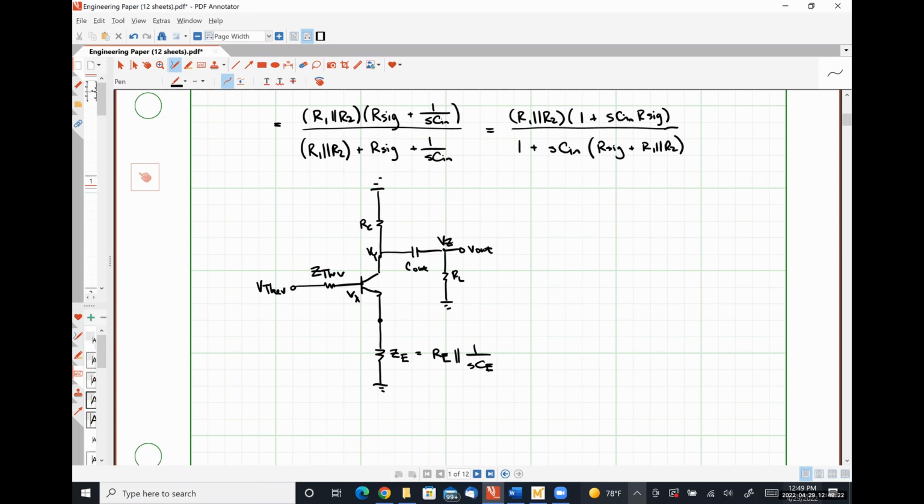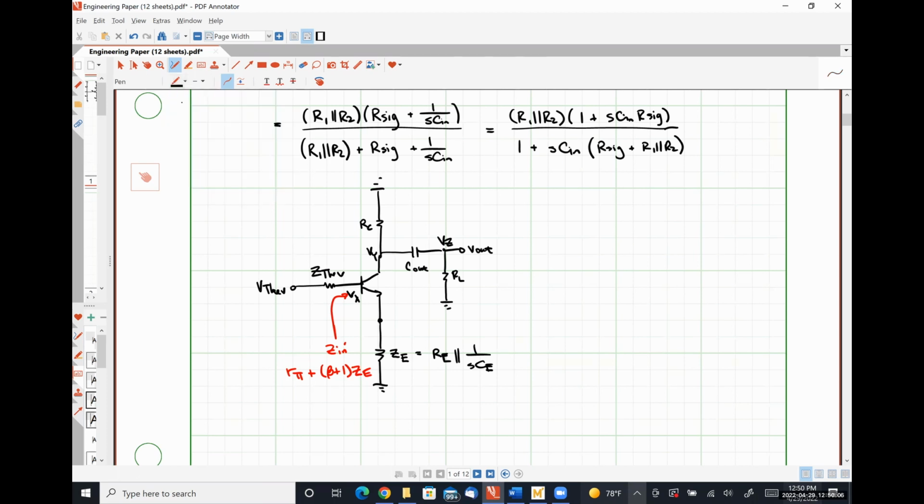So for a degenerated common emitter amplifier, if we're looking in through the base, what we see is R pi plus beta plus 1 ZE. So if we look in here, I'm just going to call this Zin prime. This is R pi plus beta plus 1 ZE.